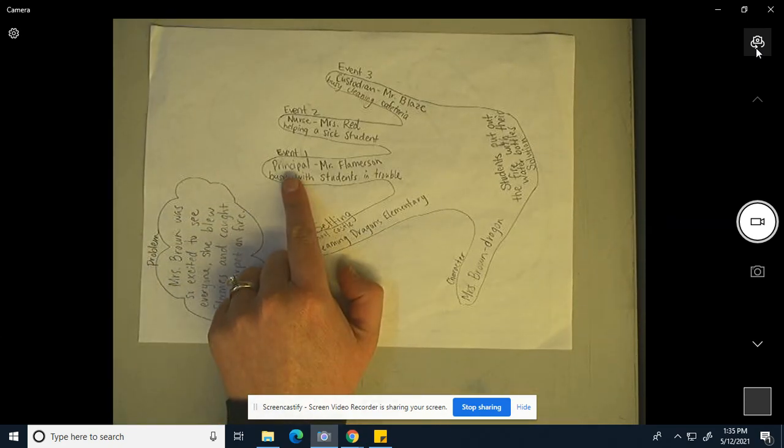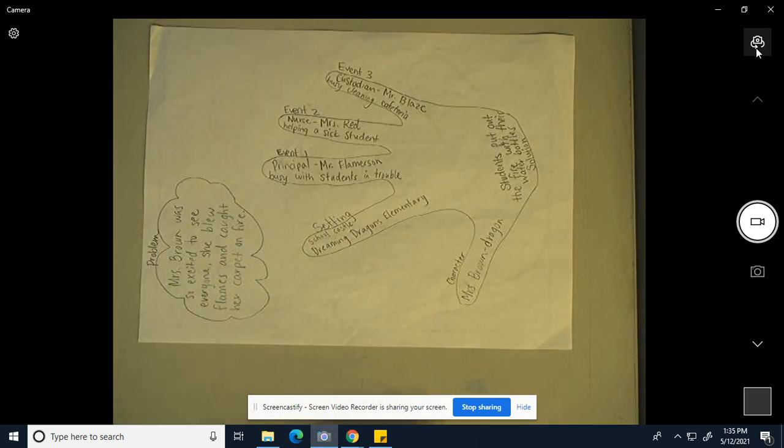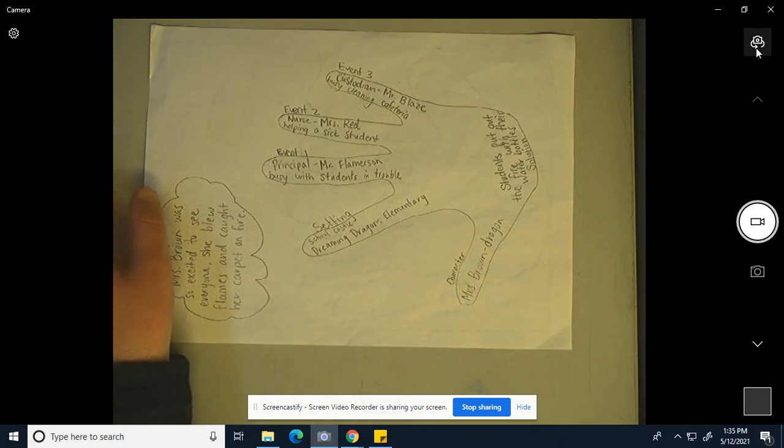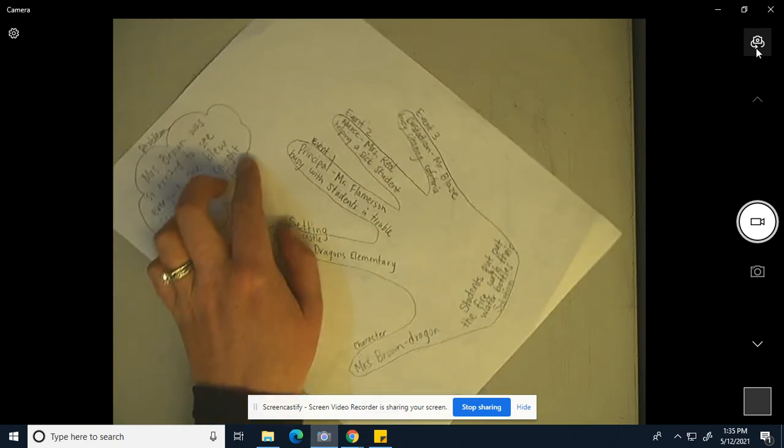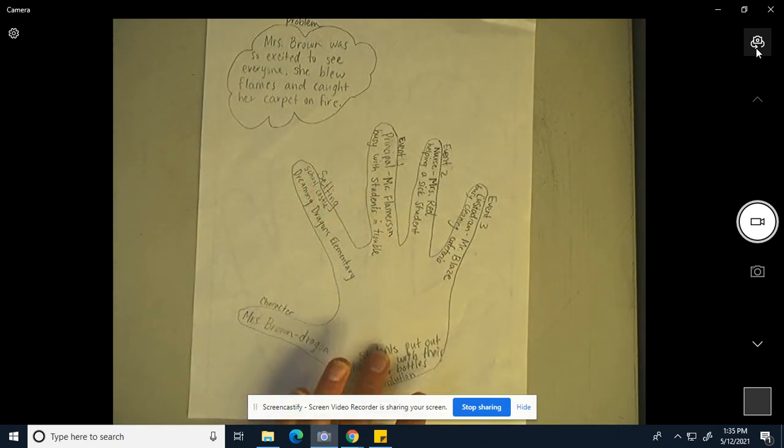So event 1, the principal: Mrs. Brown goes to the principal, Mr. Flamerson, and he's busy with students, so he couldn't help. Then she goes to the nurse, Mrs. Red, and she couldn't help either because she was busy helping a sick student. Then she went to the custodian, Mr. Blaze, and he was busy cleaning, so he couldn't help either. So those are what I'm going to add today into my story.